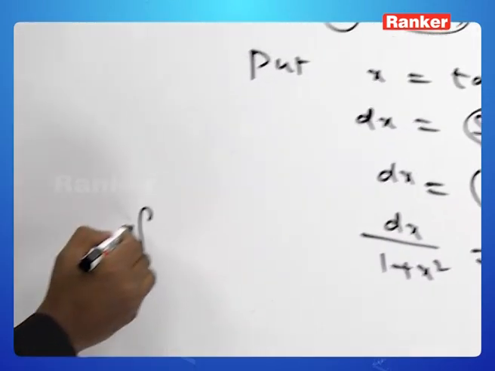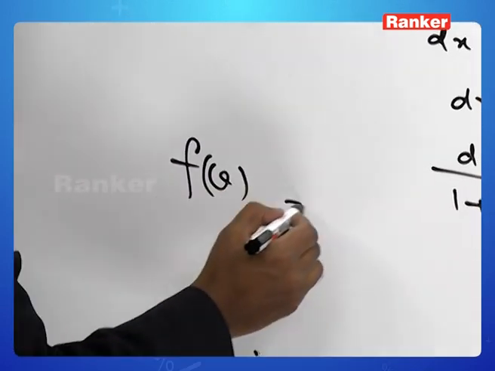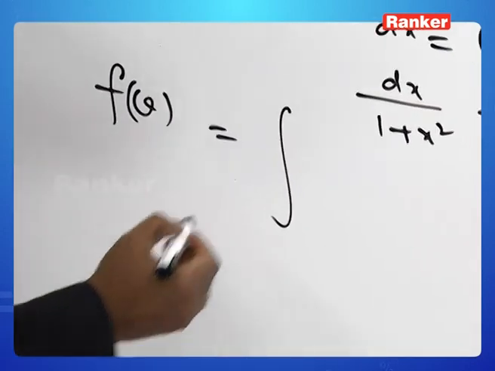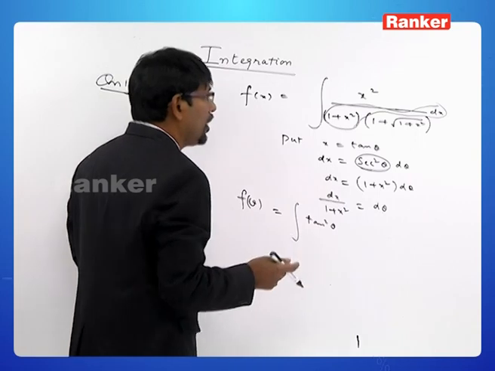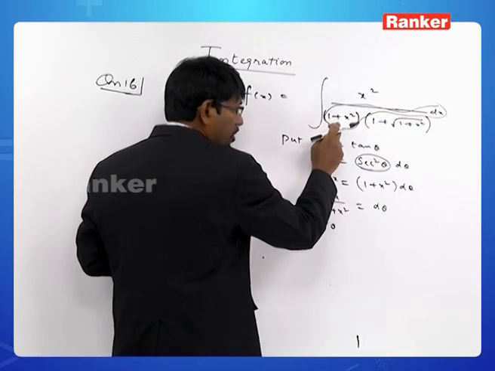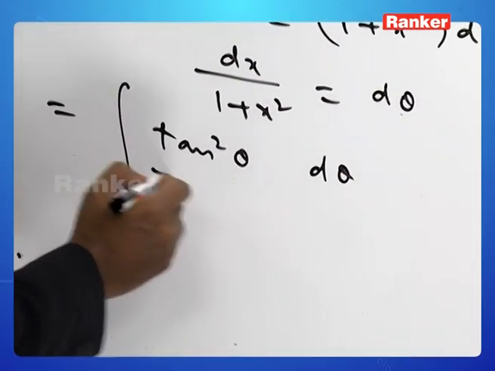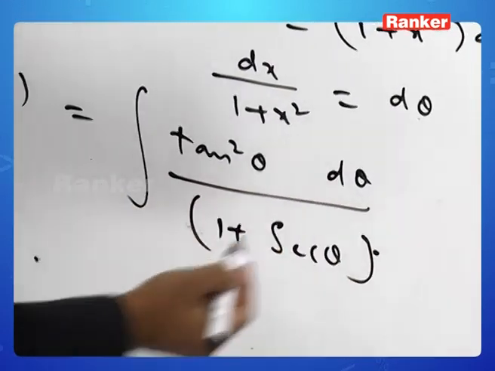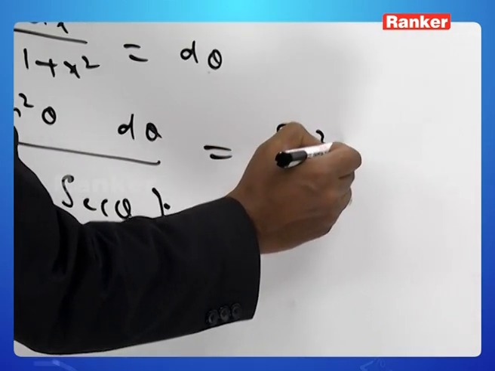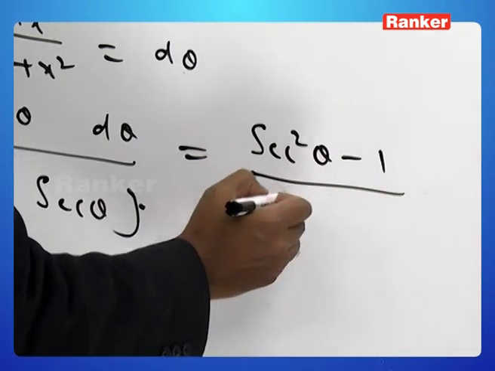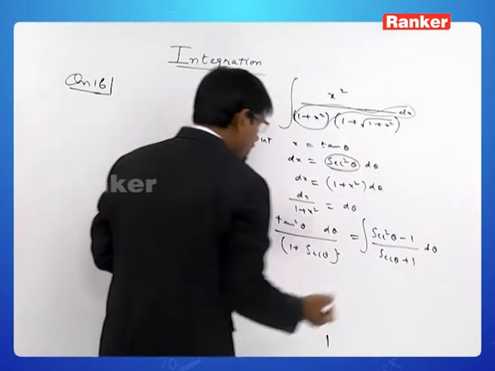So, what is our f of theta now actually? It has been converted into a function of theta. So, what does it become? Integral tan square theta, and this dx by 1 plus x square we have already converted into d theta, divided by 1 plus secant theta. Now this tan square theta we can write as secant square theta minus 1, and in the denominator we have secant theta plus 1 d theta.